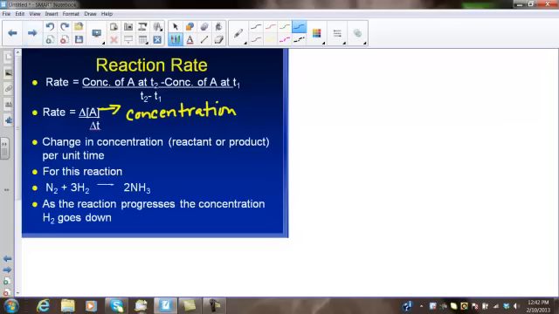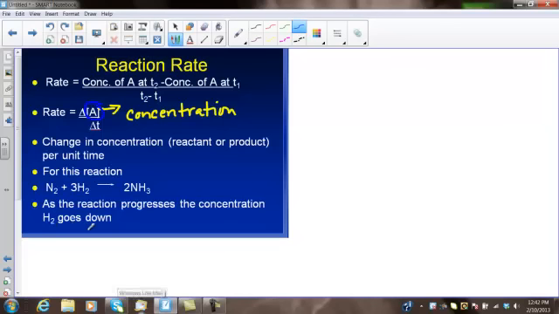A reaction rate is really a change in concentration at two different points divided by the change in time. Please remember that whenever you see these square brackets right here, that's referring to concentration.